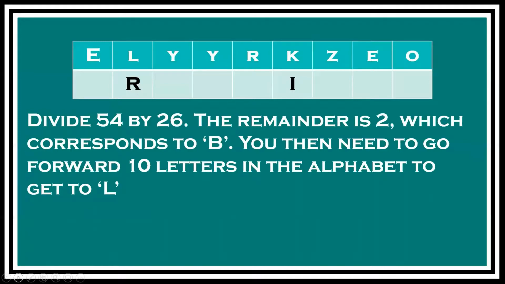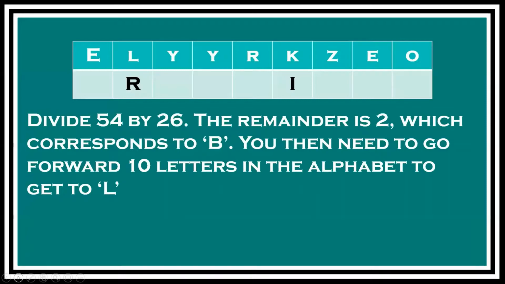So the difference there is 10 letters, and we need to go forward 10 letters in the alphabet to get from B to L. So that tells us that the number added, or the Caesar shift, is 10.